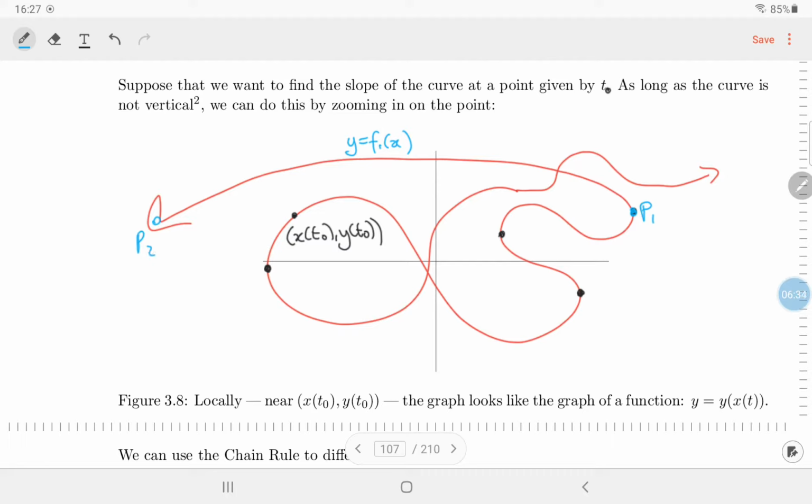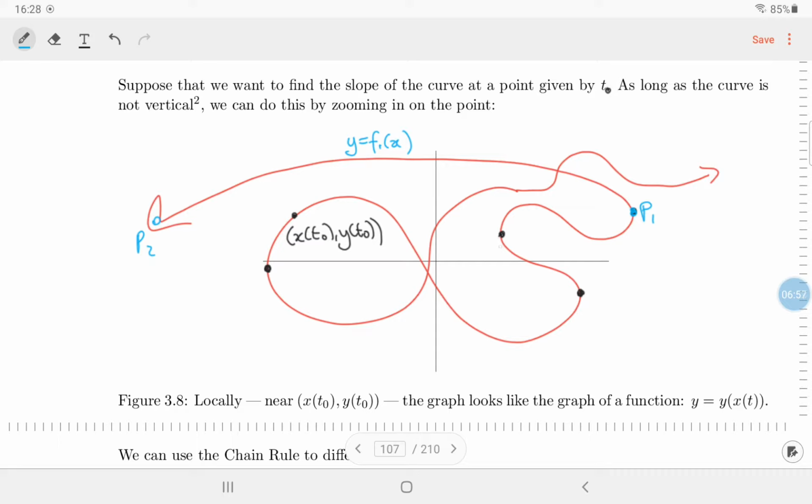From point 1 to point 2, the curve passes the vertical line test. So you've got this big theorem that says if you've got a curve which never goes vertical and it satisfies the vertical line test, then it is the graph of a function. Okay.